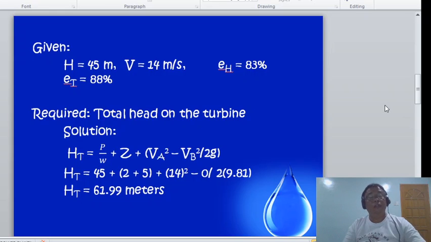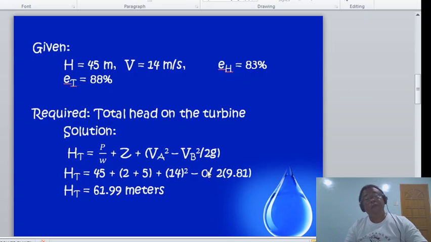So total head is of course the summation of the pressure head, elevation head, and the velocity head. So substituting now the values: 45 plus, since the inlet and the outlet, 2 plus 5, plus the square of the velocity.